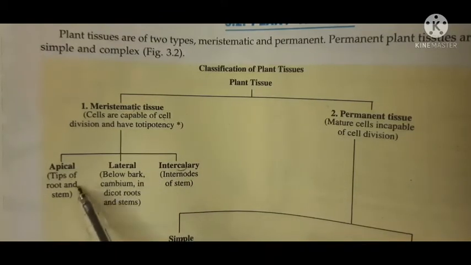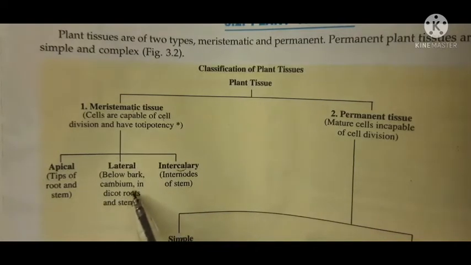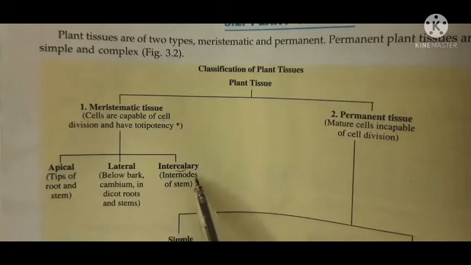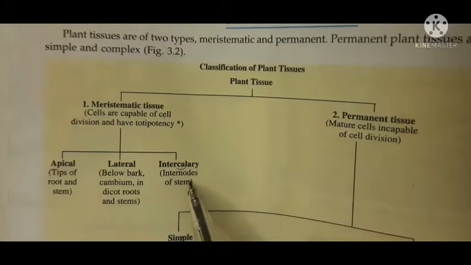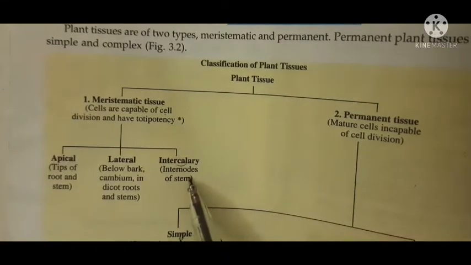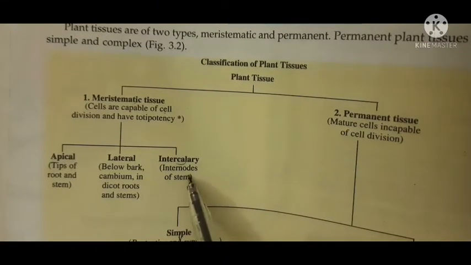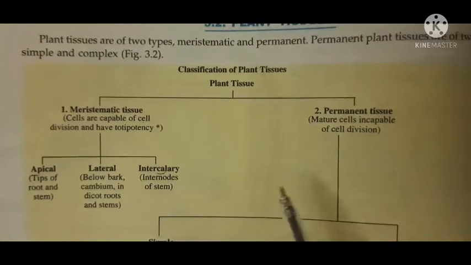Apical meristems are present at the tips of the root and stem. Lateral meristems are present below bark, cambium, in dicot roots and stems, and intercalary meristems are present in the internodes of the stem. Okay, so I have told you where these are present, that all we have discussed in the class.